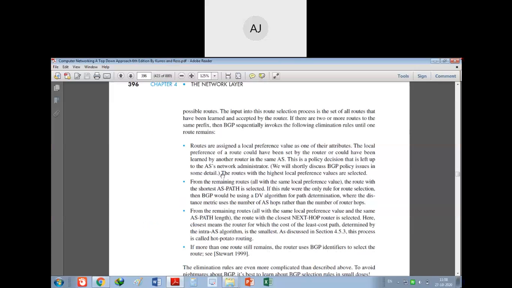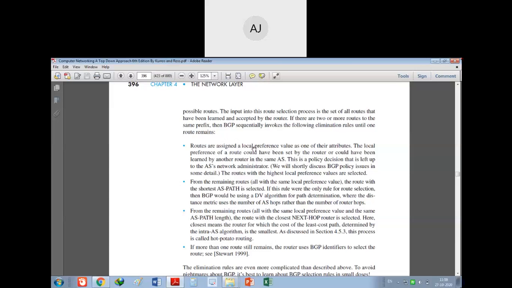Here, four operations will take place sequentially. What are those? First, routers are assigned a local preference value as one of the attributes. Depending on the attribute, that is AS path, you are specifying the value, and it is assigned to all local nodes.